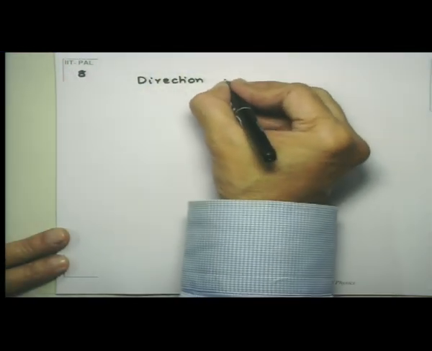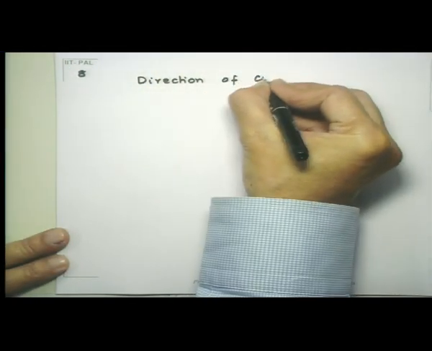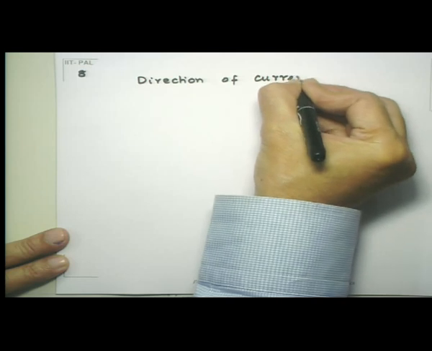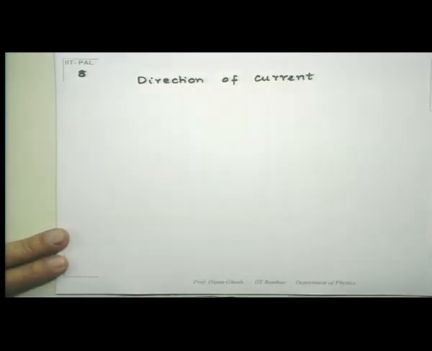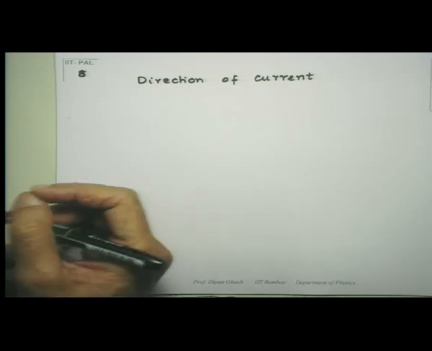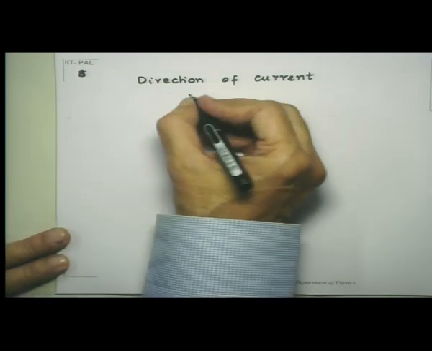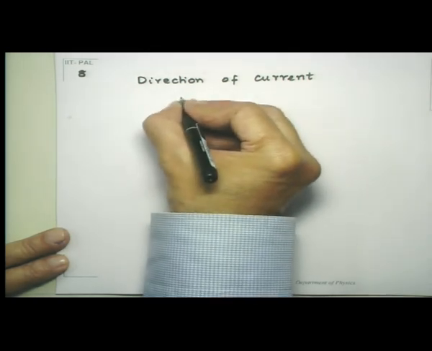So, direction of current. Now conventionally, in spite of the fact that the electrons contribute the bulk of the currents in situations that we are interested in, it has always been defined as the direction of flow of positive charge.